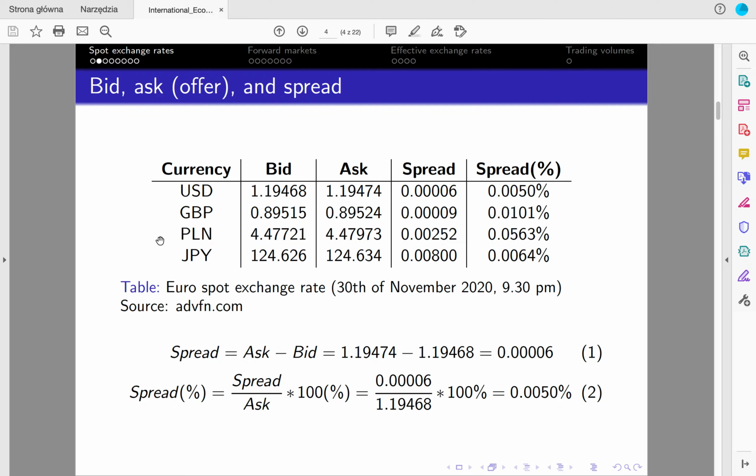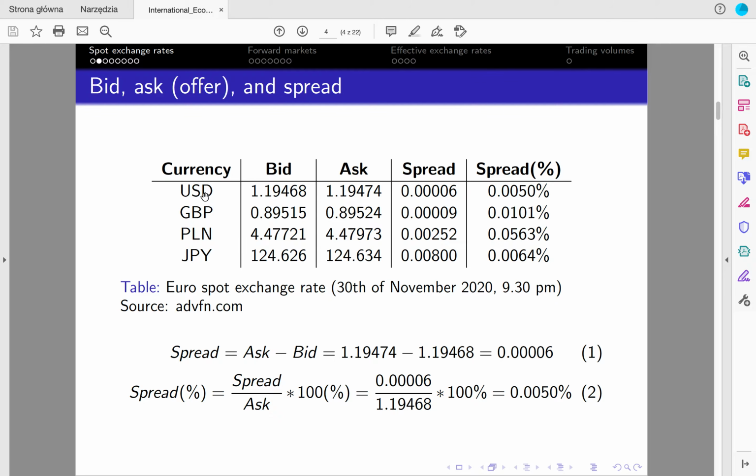Okay, so look, what I have put in this table is the price. So this is the spot exchange rate of the euro in terms of other currencies, right? So look, what do we learn from this?